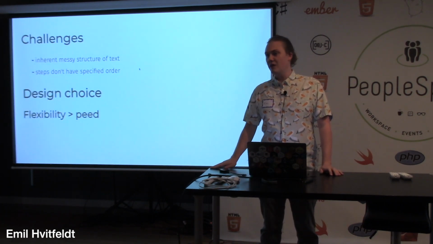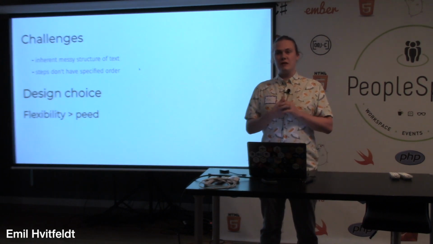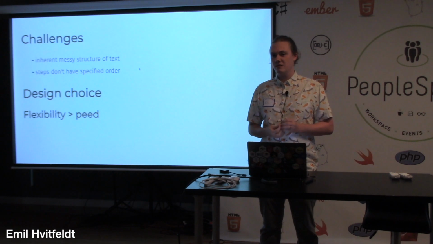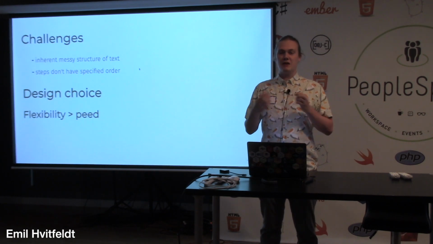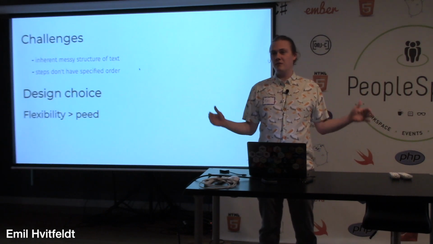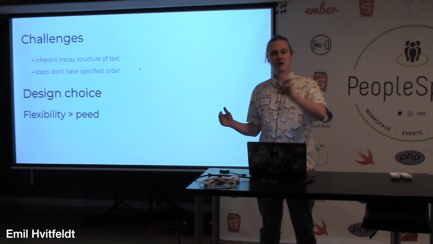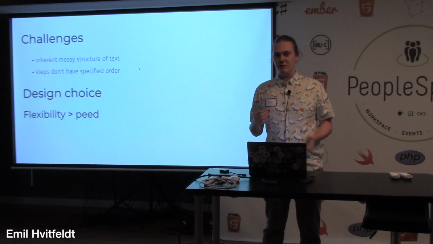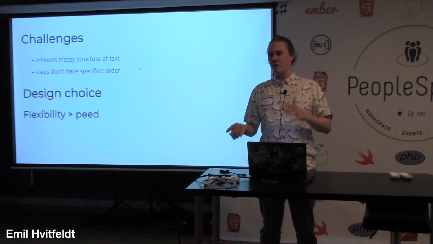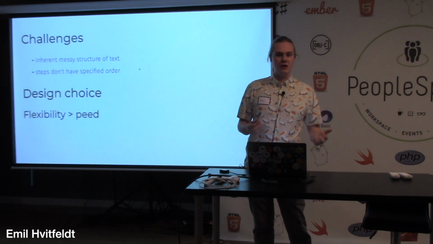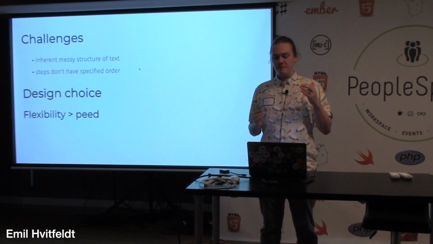I made an early design choice to have high flexibility over the speed of the computation. Basically, a lot of times you should do tokenization, which is just splitting a string of characters into words or other units of text. You can do stemming, which is removing ends of words. You can remove not that commonly used words. You can do a lot of different things.